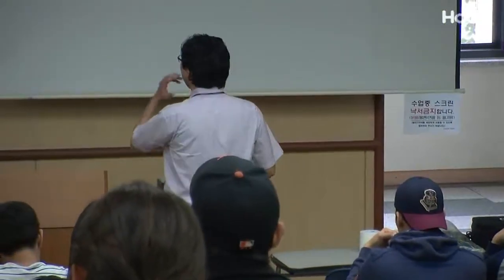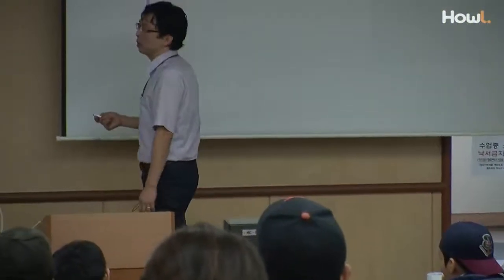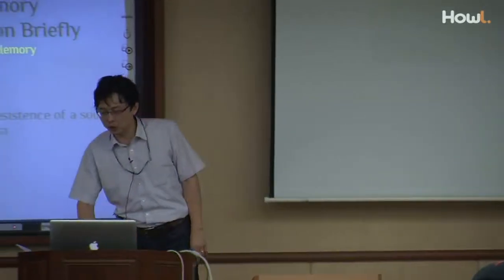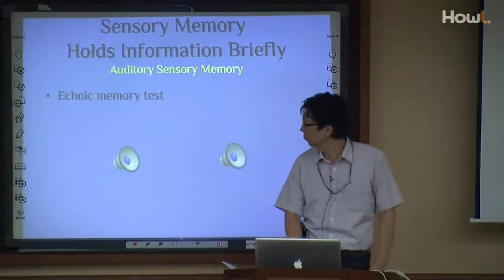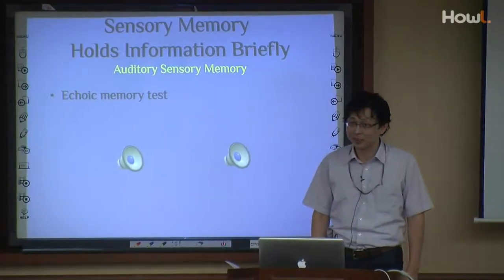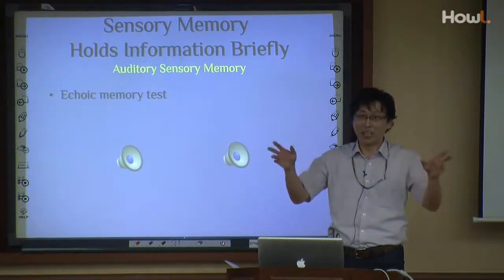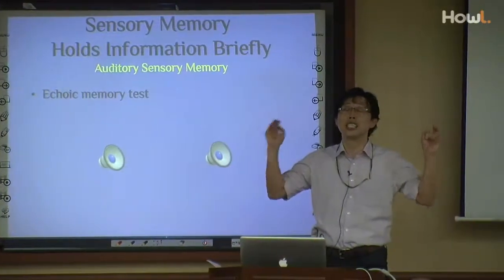Echoic memory is our auditory sensory memory, so I can test this with you guys. Right? Okay, you have to tell me whether 2 sounds are the same or different.